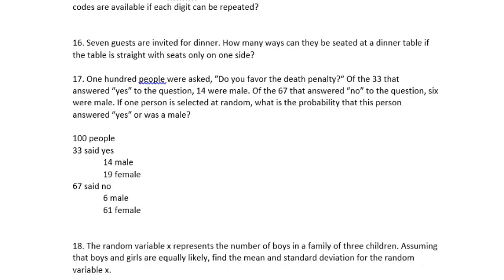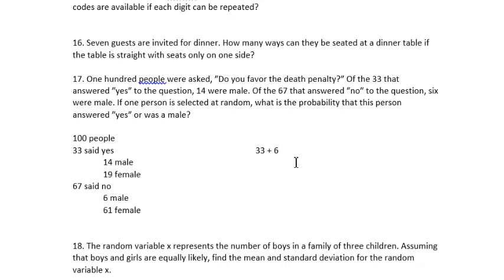So we have an OR question here. For OR, we need to figure out the number of people that either answered yes or are male. So the people that answered yes was 33. Other people that could also qualify are these 6 male people. So you have the 33 that answered yes, plus you have the 6 male people that answered no. Those are all the people that would qualify for this group.